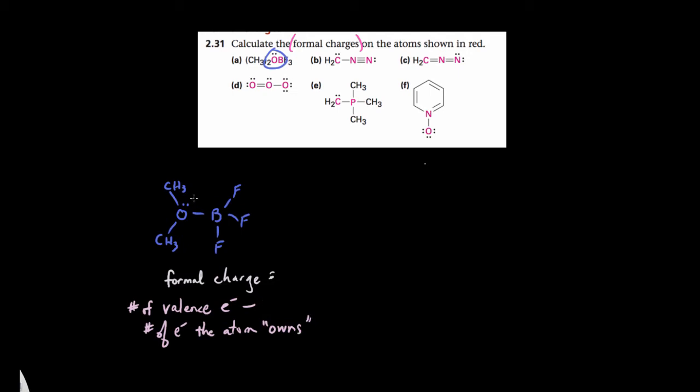And to figure out how many electrons the atom owns, that is the lone pair electrons plus half of the bonding electrons.